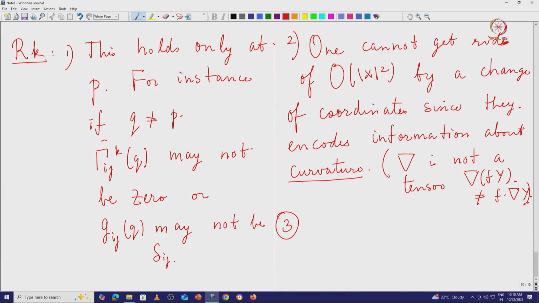The third point is, how is this computationally helpful to us? Because at P, if you take any tensor and apply the covariant derivative, then that's just going to be the ordinary derivative.